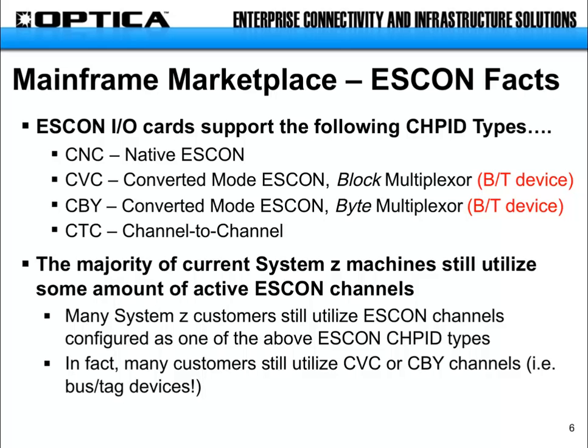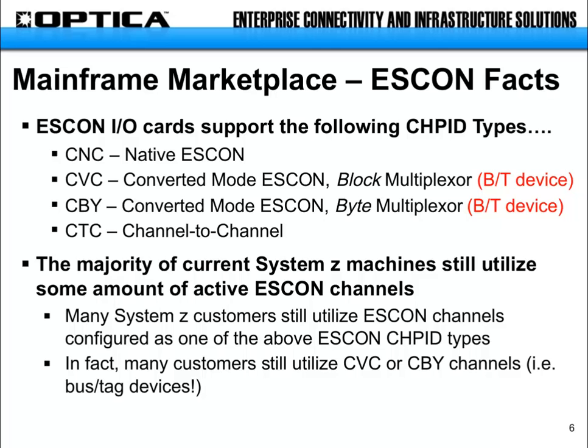And that means if you have those chiplet types genned on your mainframe today, you're currently running an ESCON to bus and tag converter. That's a converted mode ESCON protocol. That means you have a bus and tag device on the other end of that channel. The CVC represents a block multiplexer type channel, and the CBY represents a byte multiplexer type channel.